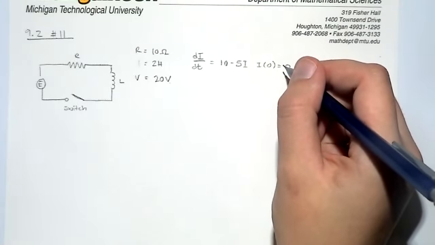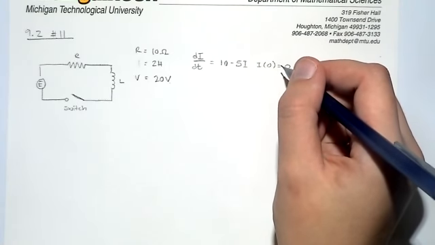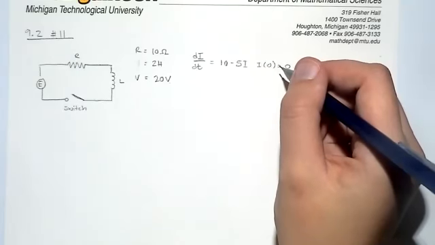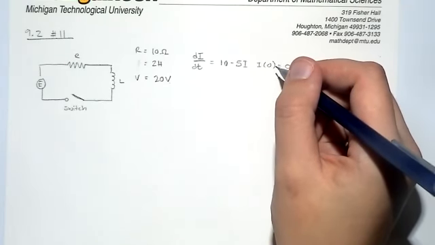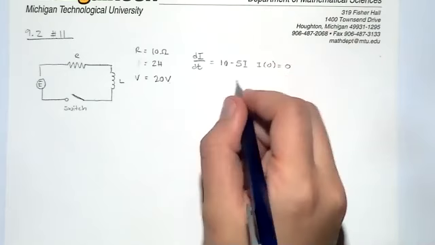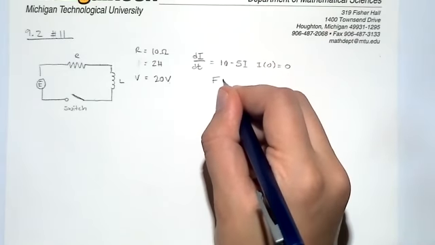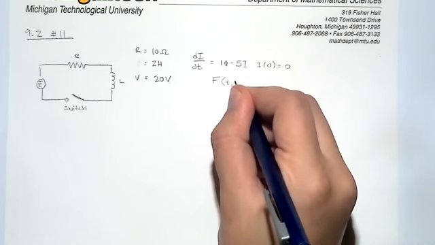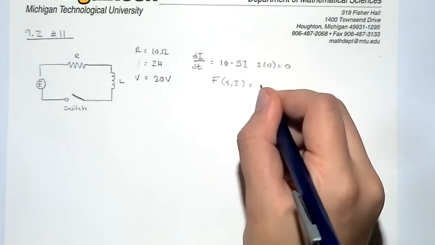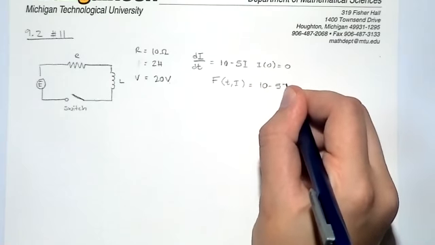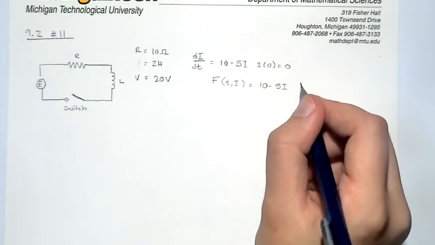It wants you to estimate the current in the circuit half a second after the switch is closed. So what they look to do here is they say that our capital F of t sub I is going to be equal to 10 minus 5I.